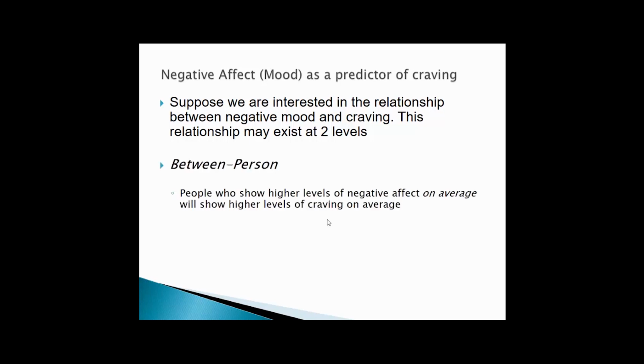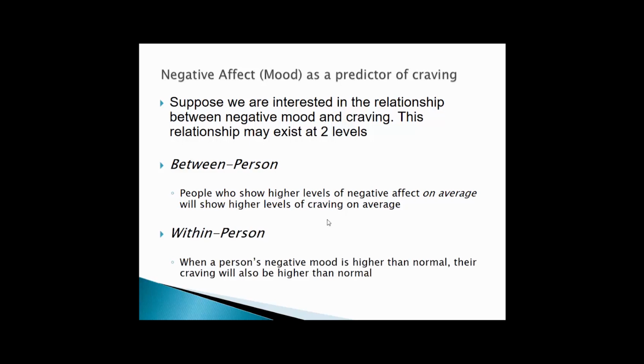At the between person level, we might think that people who show higher levels of negative mood, on average, will show higher levels of craving on average. At the within person level, we might expect that when a person's negative mood is higher than it is normally for them, their craving might also be higher than it is normally for them. So these are two different relationships that we might want to test.